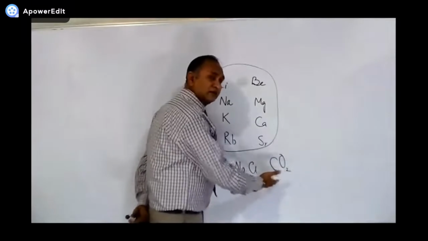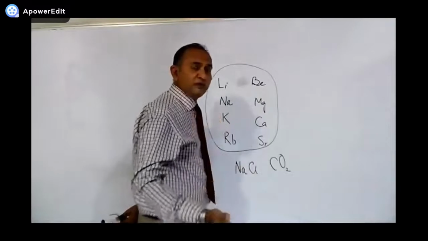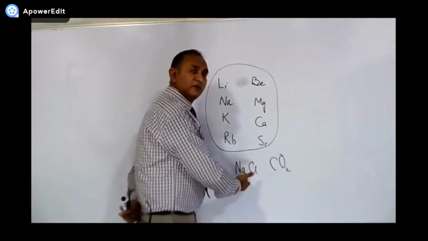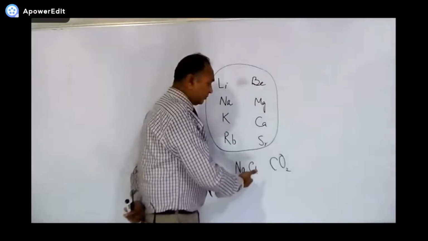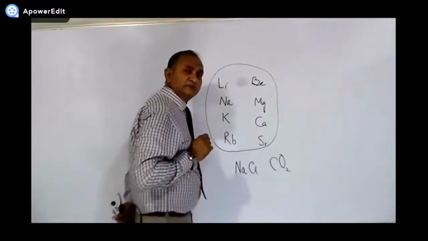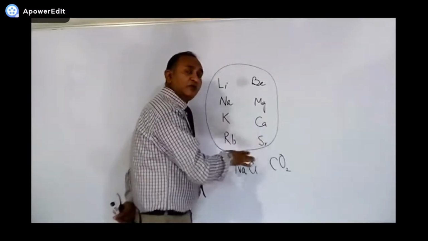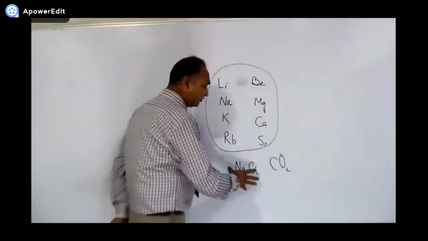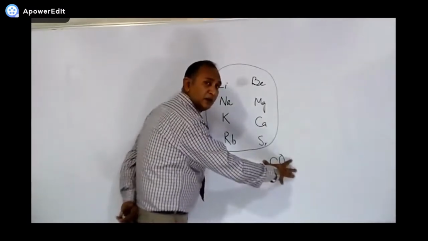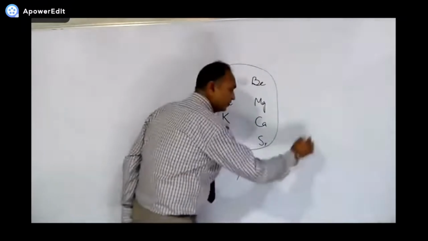What I am trying to convey is that NaCl is not a molecular compound. Why? Because it contains an element from these two groups, especially. These elements do not form molecular compounds. So this one is not a molecular compound, this one is a molecular compound.